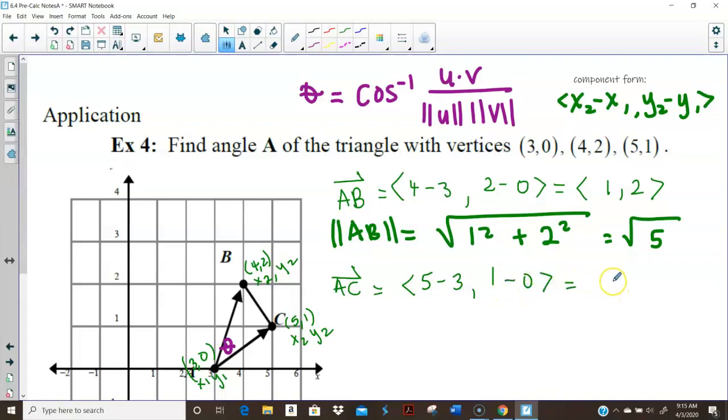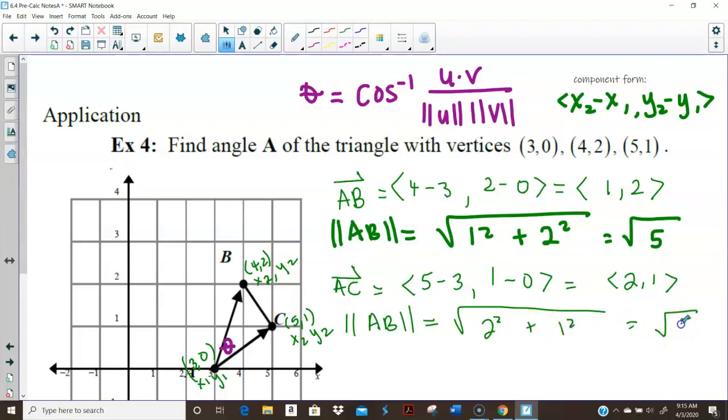The component form of that vector is going to be 2, 1. You'll see that when we try to find the magnitude of that vector, it is going to end up being the same as the other one, because we're going to have 2 squared plus 1 squared, which is the square root of 5. So the magnitude of both of these vectors is root 5.